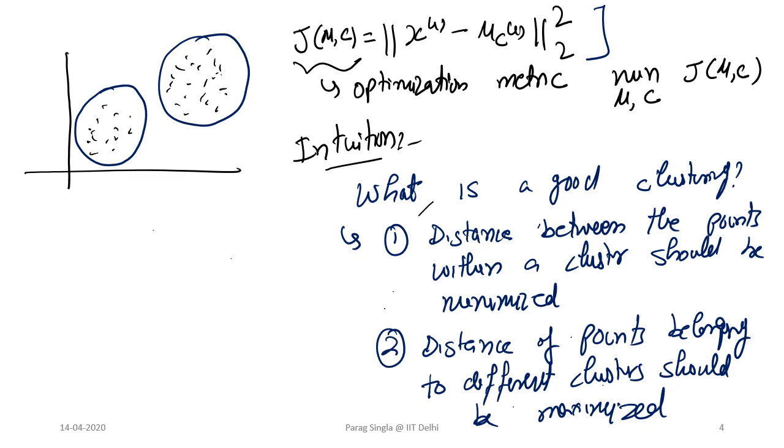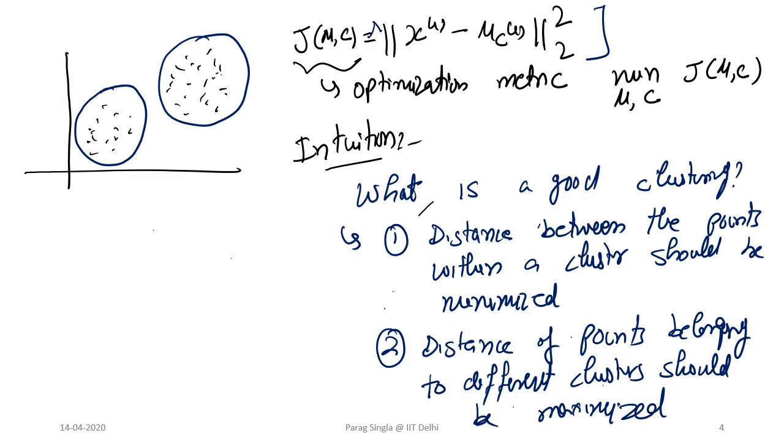And what is mu_ci? Mu_ci is simply the cluster representative for point i. And what we are saying is that for every point in a given cluster, the distance of that point from the cluster representative should be as small as possible, and we are summing over all the points.